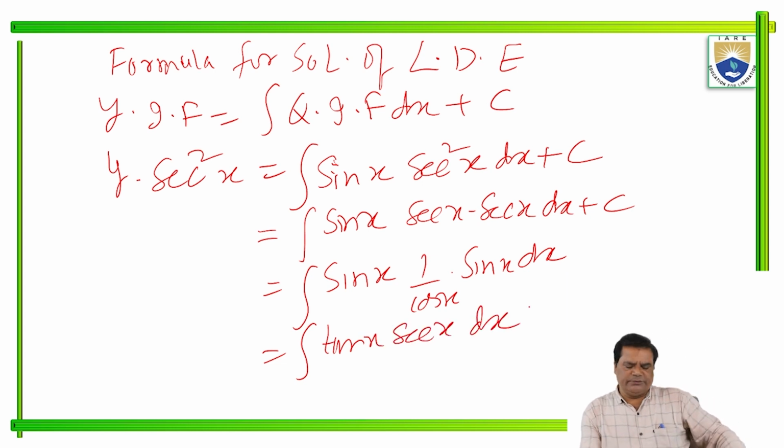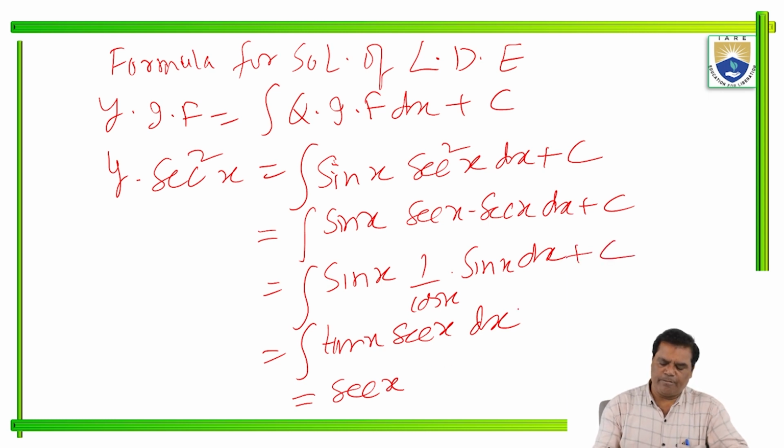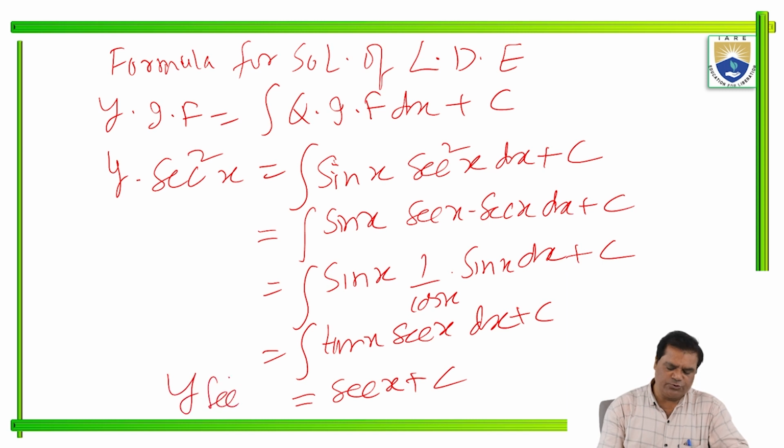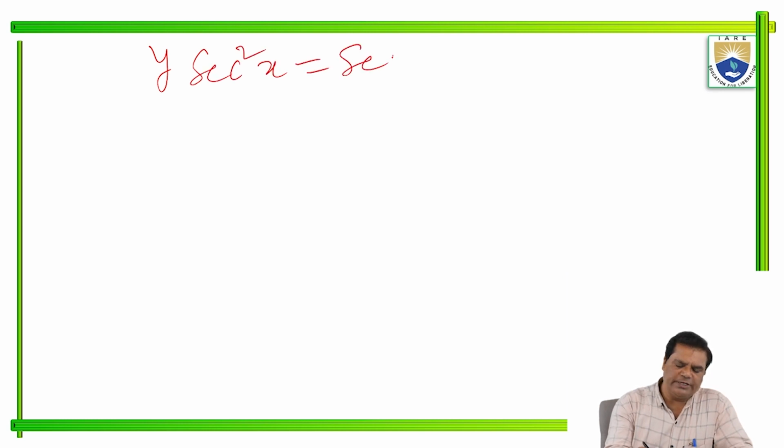The integral of sec x tan x is sec x, plus c. So y times sec square x equals sec x plus c.